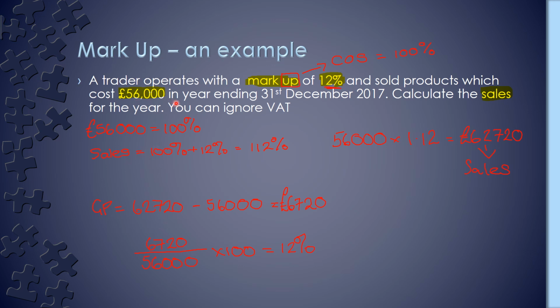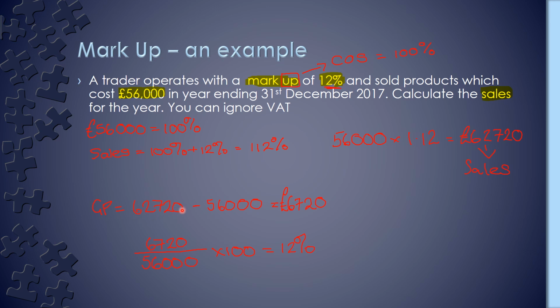So you start off here, because you're using markup, you start off with your cost of sales equaling 100%. So to work out your sales, you need to add them together because you're going up on top of cost of sales. So cost of sales plus your markup, and so your sales equal 112%. You then have to work that into your cost of sales to work out what your monetary figure is. So your total sales then is 62,720, and then we can work it back.